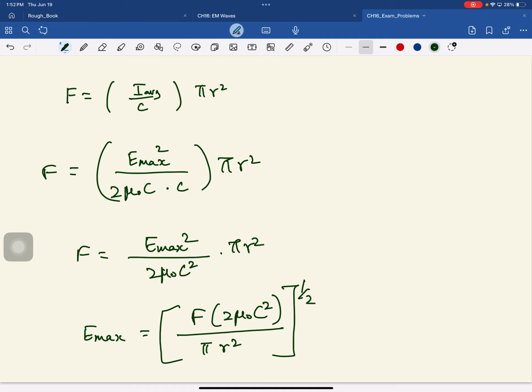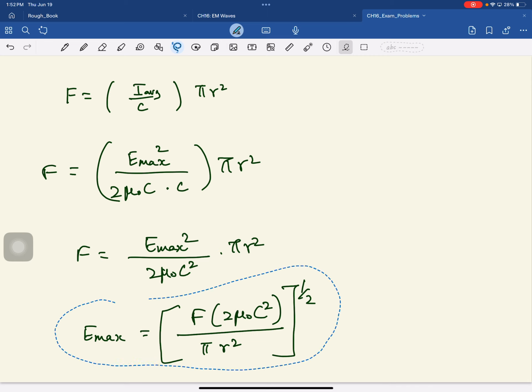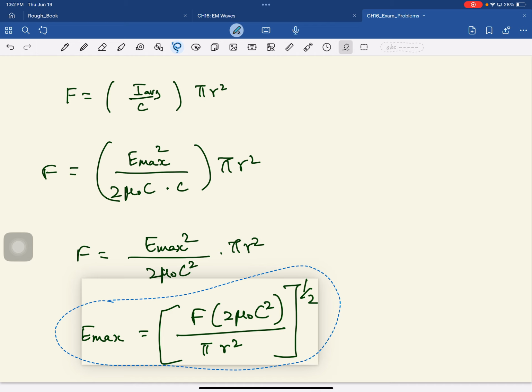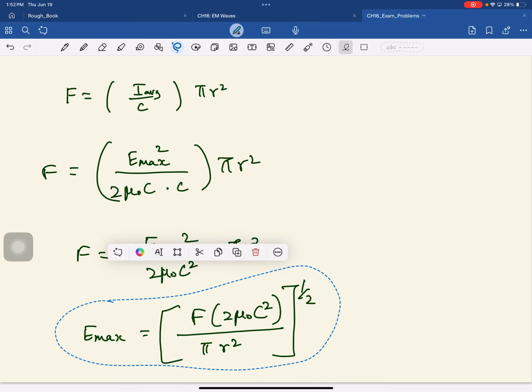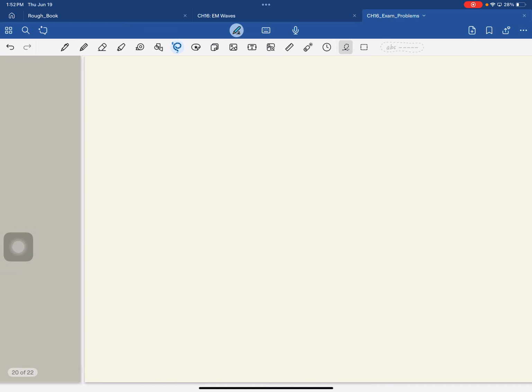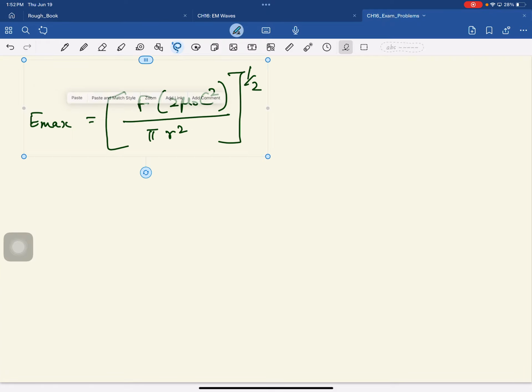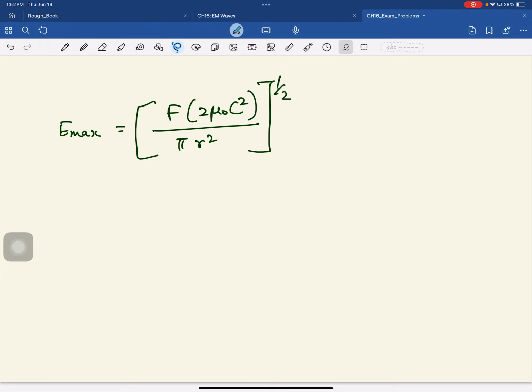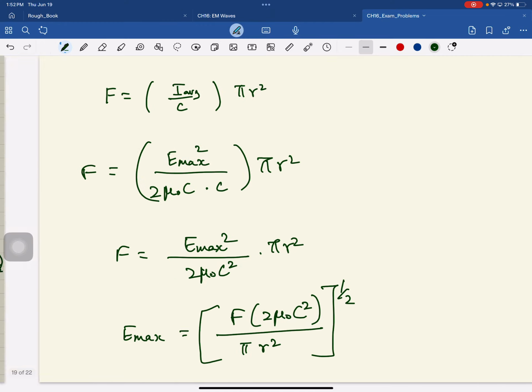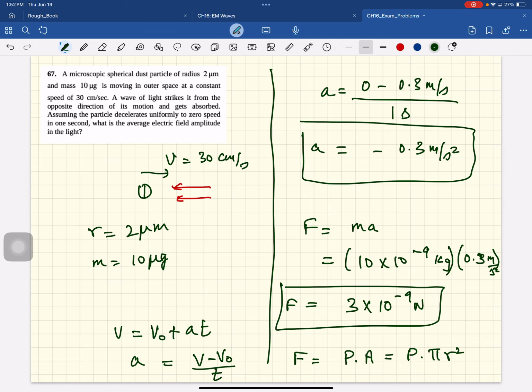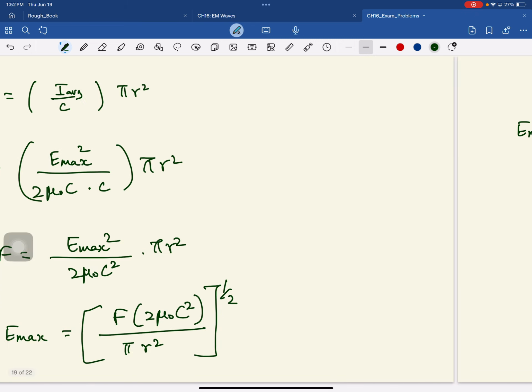So now we can plug all of this information in and calculate the amplitude of the electric field in that beam that stopped the particle. So what was the force you needed? 3 times 10 to the minus 9 Newton.